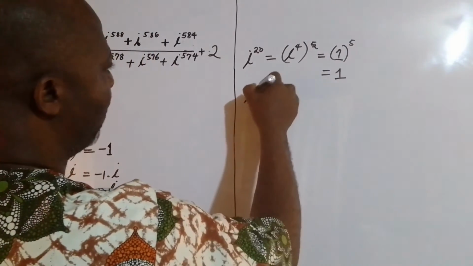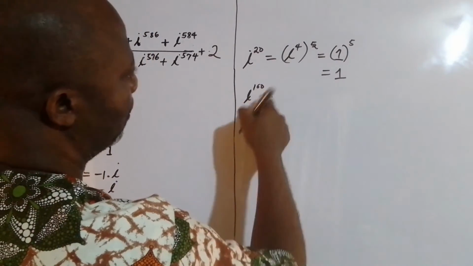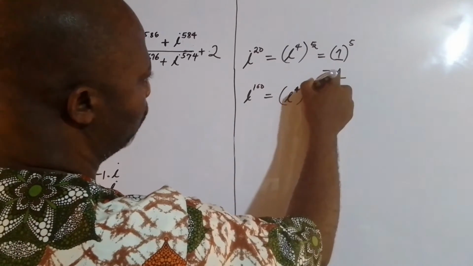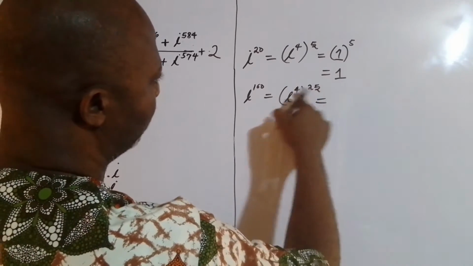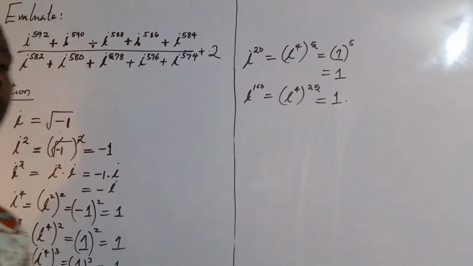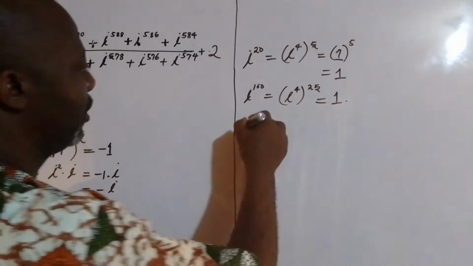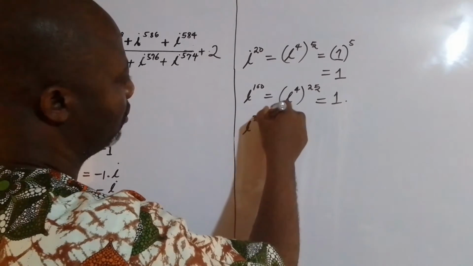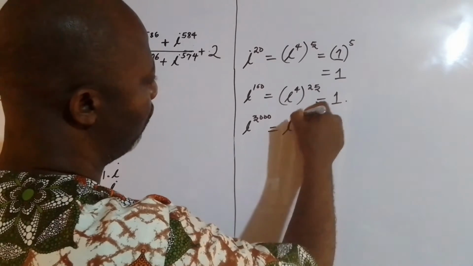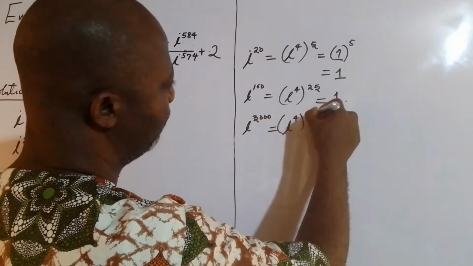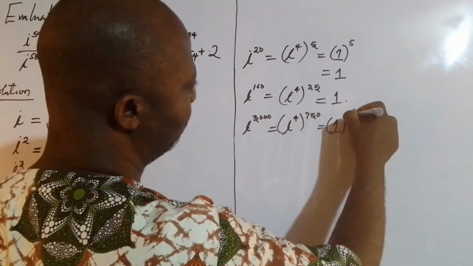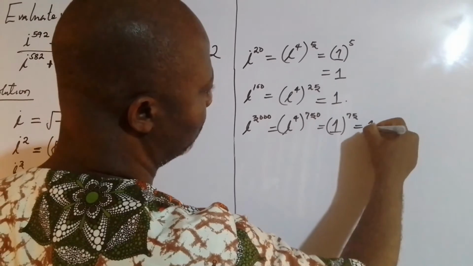What about if we have i to the power of 100? What would that give us? That would give us i to the power of 4 times 25. i to the power of 4 is 1, and 1 to the power of 25 is 1. So we can go on and say, for example, i to the power of 3000. 3000 is actually i to the power of 4 multiplied by 750, because i to the power of 4 is always 1, and then to the power of 750, that will still give us 1.